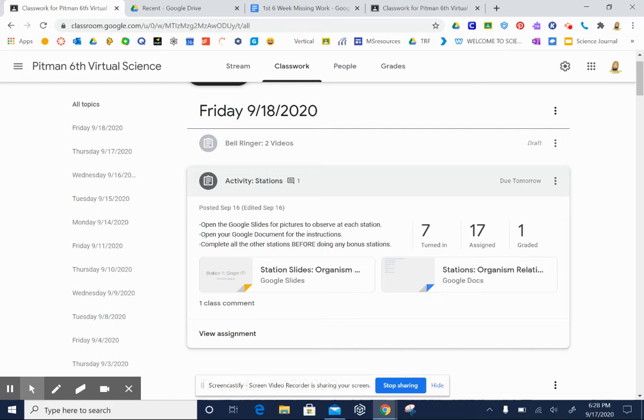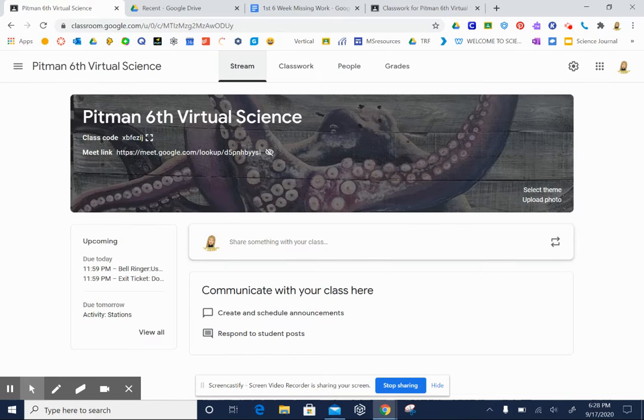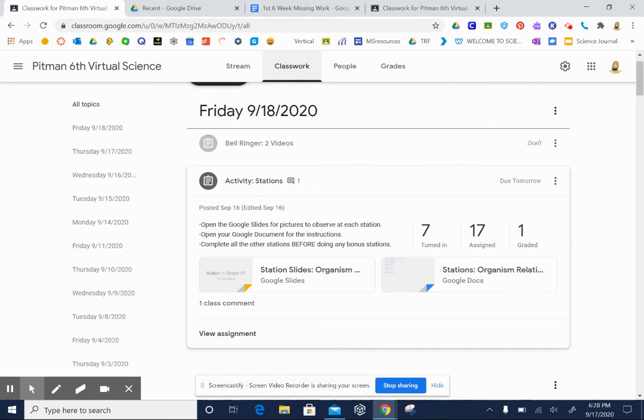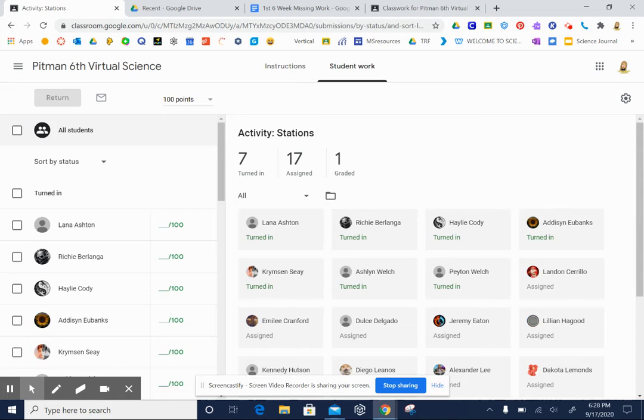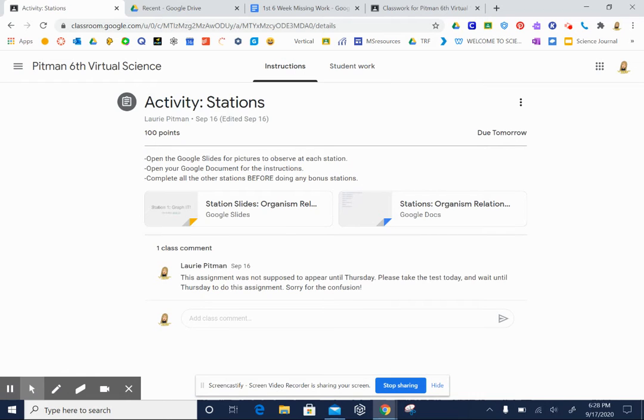So guys, when you go to your classroom, always when you start, always go to classwork and then click view assignment. Of course, you'll see something sort of like this, except your assignment will always be over here. It'll say like your name and it'll have a turn in button.